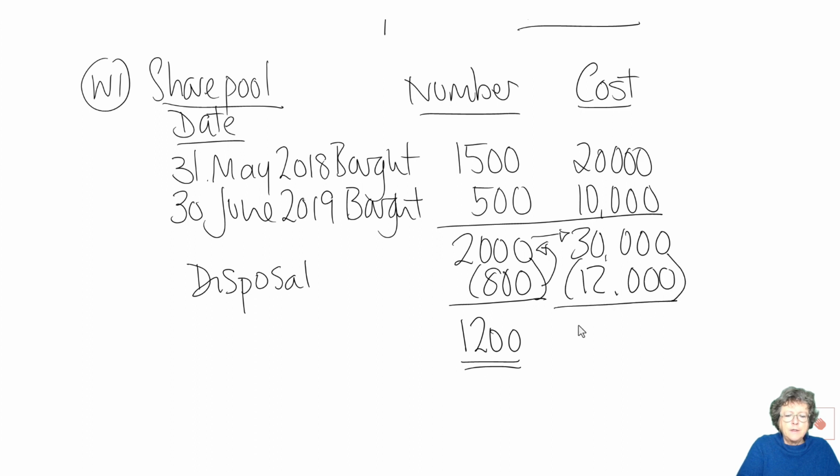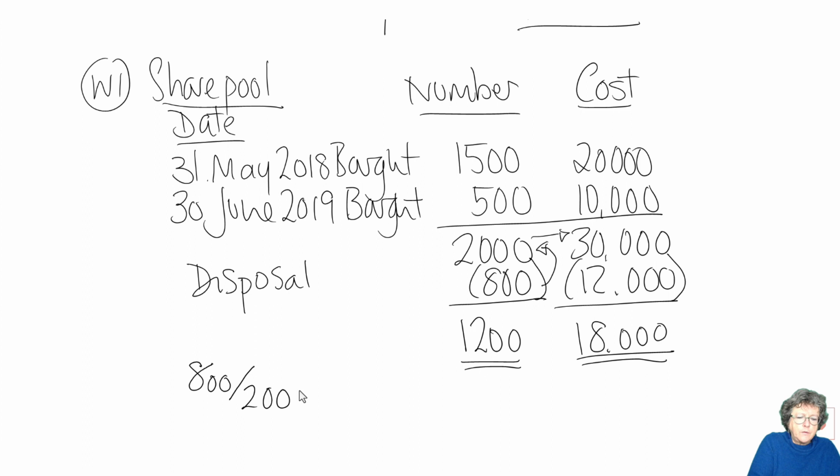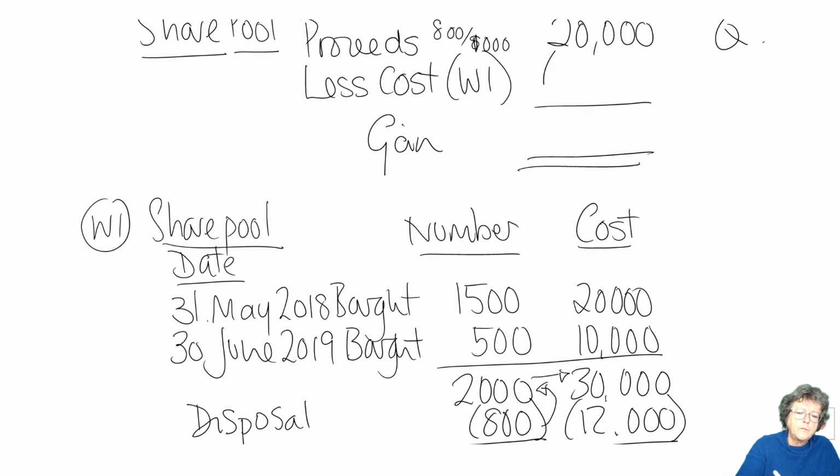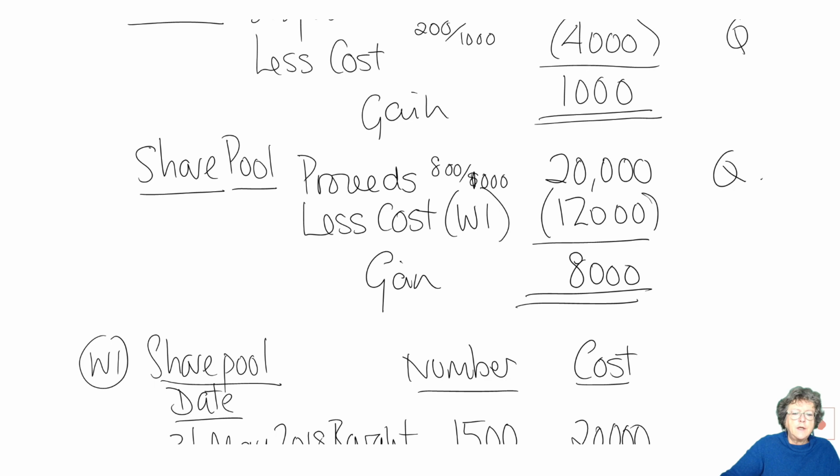That's how I would do it. Now that figure then goes in here, giving us a gain of 8. So her total gain is those two added together, which is £9,000.